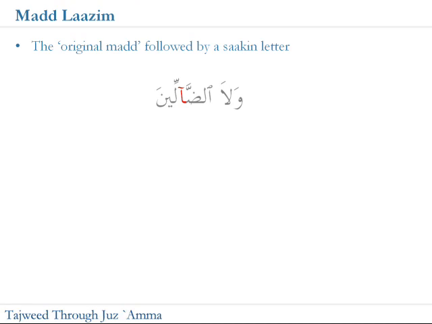So the mad lazim is the original mad followed by a sakin letter, and again a letter with the shadda on it implies that there is a letter there with a sukoon on it. So here we have the dad with the fatha alif, which is obviously your original mad, followed by the lam with the shadda, which implies there's a lam with a sukoon within it.